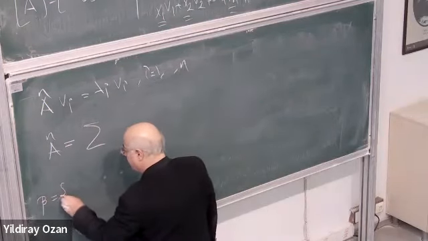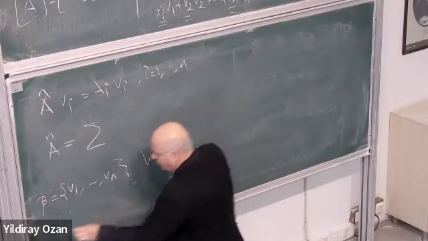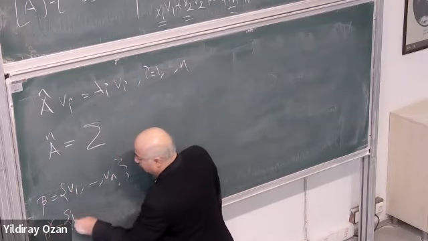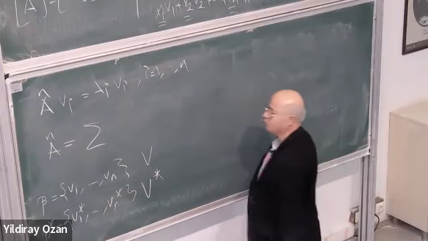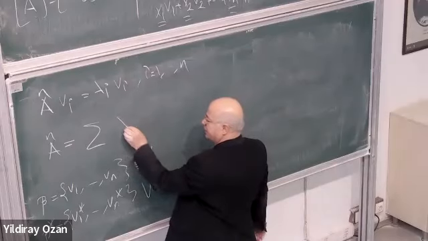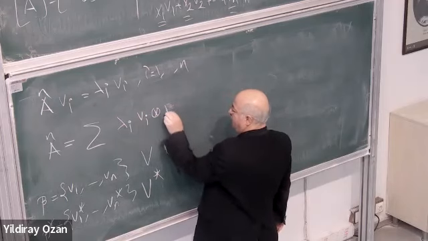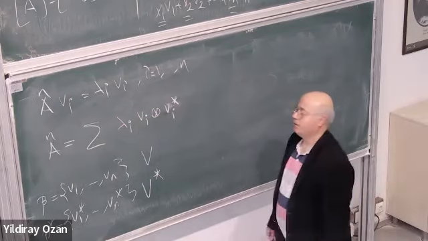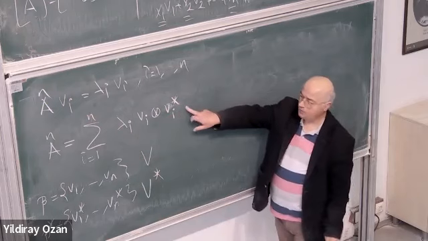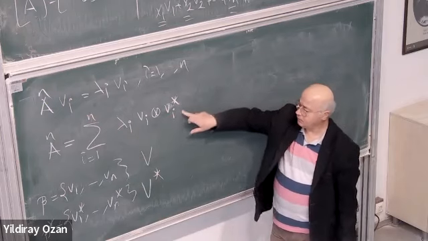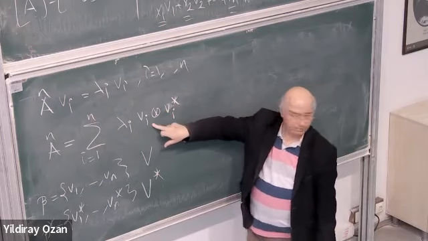If this is the basis V1 up to Vn, the basis for V, we consider the dual basis V1 star up to Vn star, the basis for the dual space, and write this gadget here: the sum of lambda i Vi tensor Vi star, i from 1 up to n. So when you feed this with Vi, this will give you 1, and then you have lambda i times Vi. Okay.